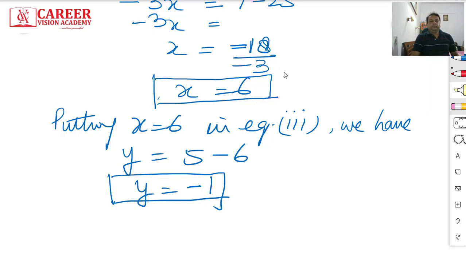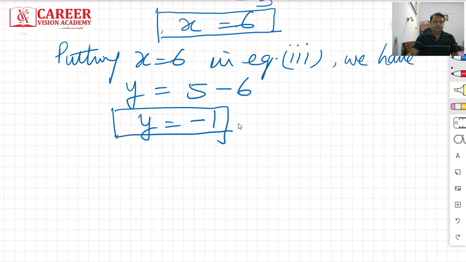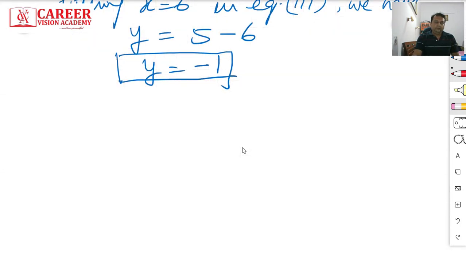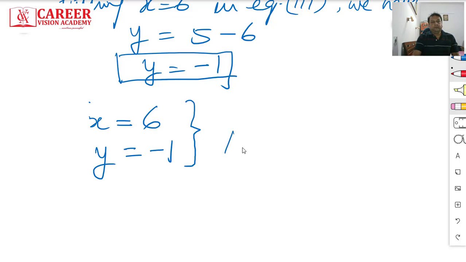We get the value of y as minus 1. So now this is your answer. We have got the value of x and y. We have found out the value of the variables. So x is equal to 6, y is equal to minus 1. This is your answer.